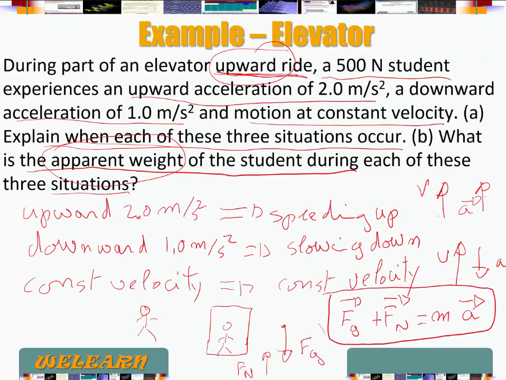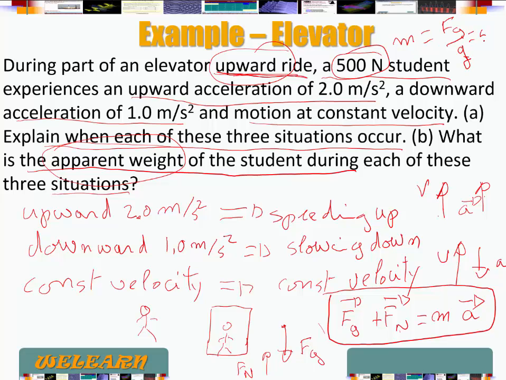If we go back here, they tell us the person has a weight of 500 newtons. Whenever it's in newtons, that's the weight of, or the gravitational force on that person. So to get the mass, it's going to be just Fg over g, using 10 for simplicity.